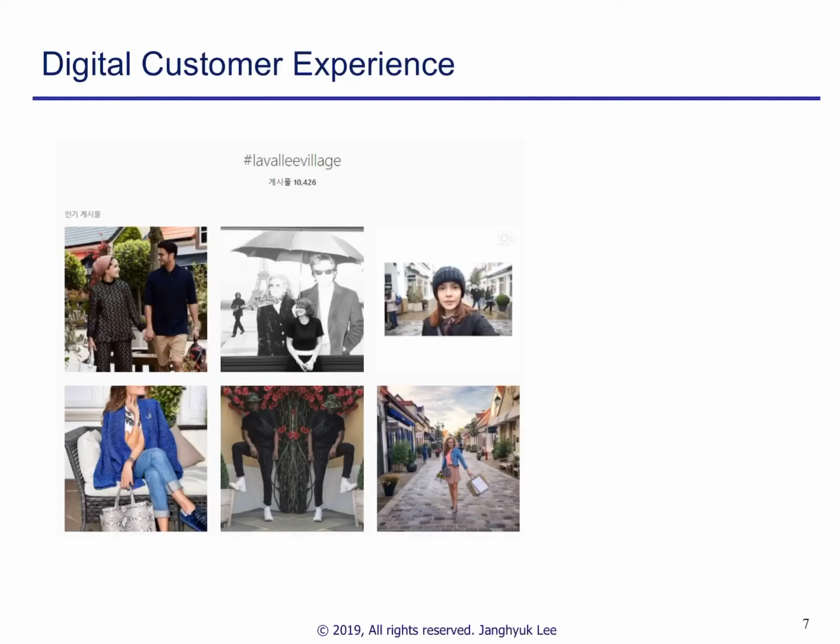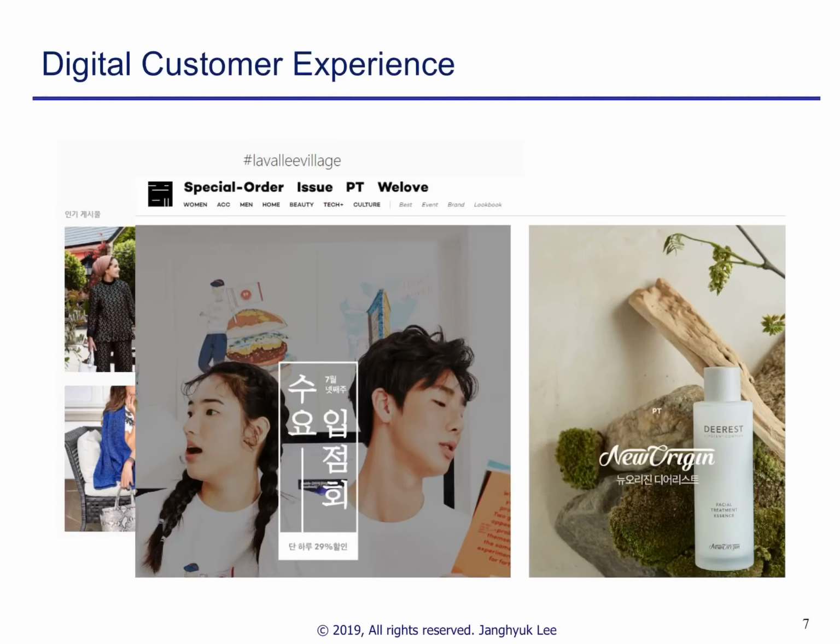For example, many physical offline stores and brands try to capture and stay in touch with their customers through different scenes and store design like that. But also by using digital, companies can be in touch with their customers in a very different way. This example is one of the Korea-based e-commerce companies specialized in fashion and beauty products.